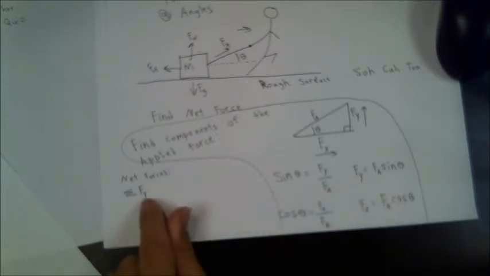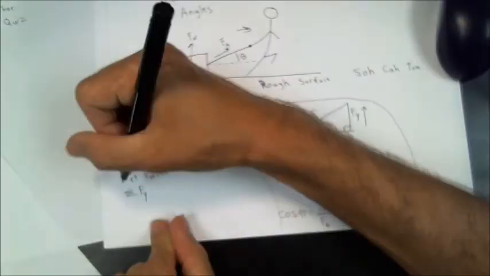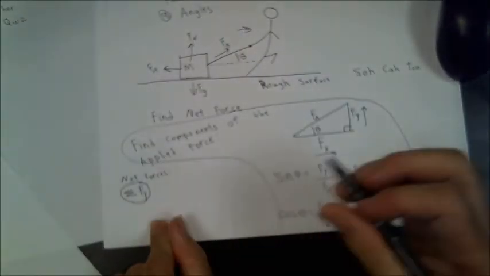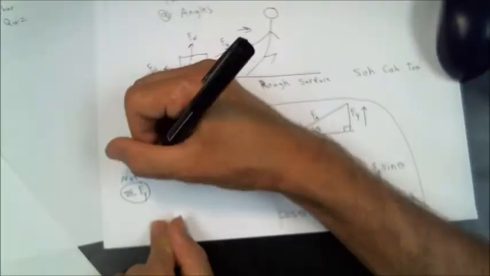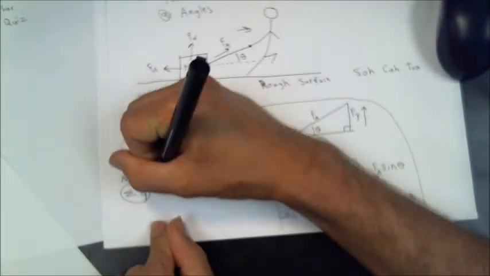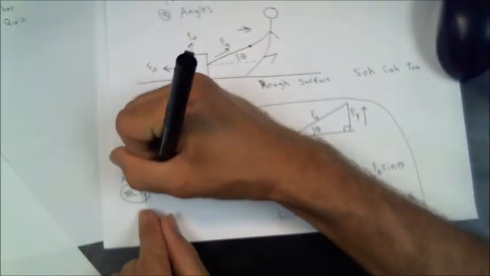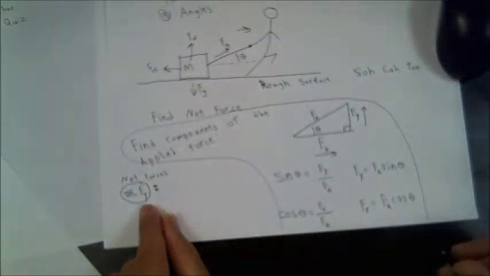This and this are not the same. I'm saying the sum of forces in the y direction. Just remember, this right here is one thing, and it's not the same as this. Or if you want, I can just put a little colon right here. Sum of the forces in the y direction.